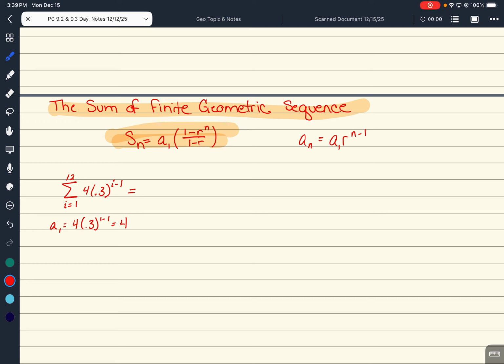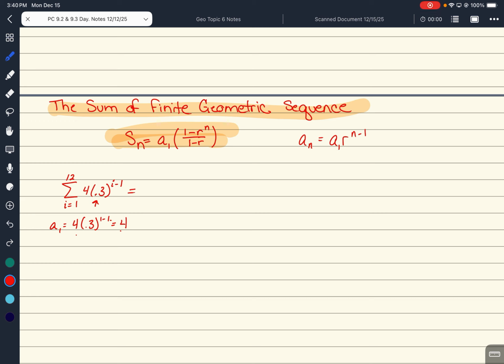I plugged in 1 to this formula right there. So 1 minus 1 is 0, so 0.3 to the 0 is 1, and 1 times 4 is 4. I know you see 4 right here, but if we start at 0 or we start at 6, is that going to be different than that first number? Yes.